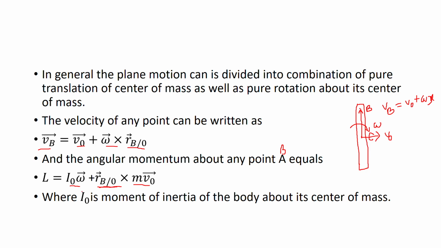So the angular momentum has 2 parts. The first part is pure rotation about the center of mass, I0 omega, where I0 is the moment of inertia of the body about its center of mass. The second is the angular momentum assuming the entire mass is situated at the center of mass, moving with velocity v0, so that will be RBO cross m v0. RBO is the position vector of the point about which we are calculating the angular momentum.